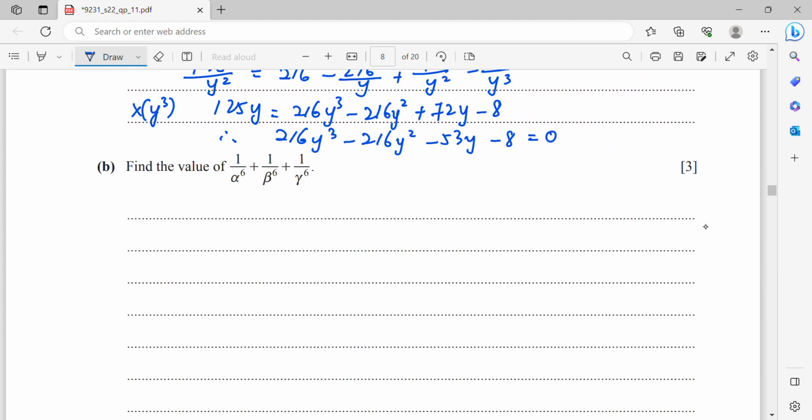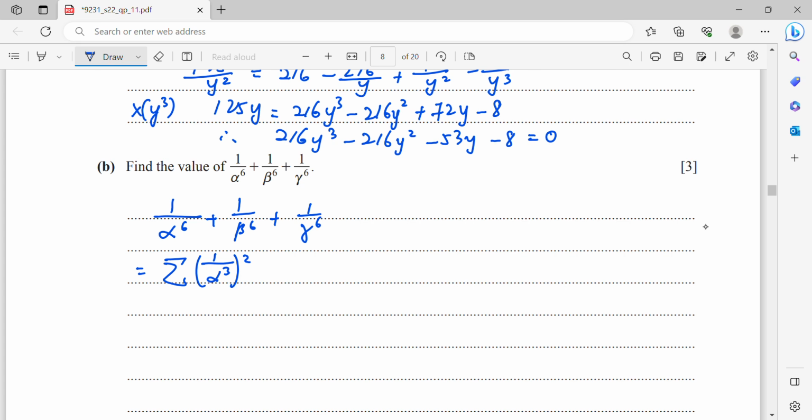Okay, now B. Find the value of 1 over alpha power 6 plus 1 over beta power 6 plus 1 over gamma power 6. All this will be the summation of 1 over alpha cube power 2.